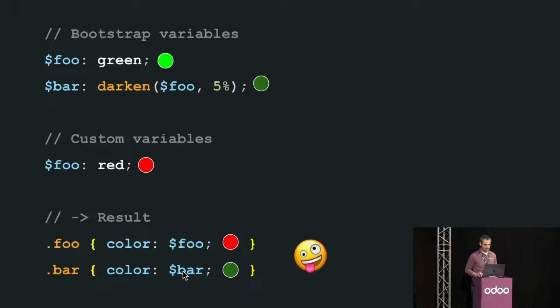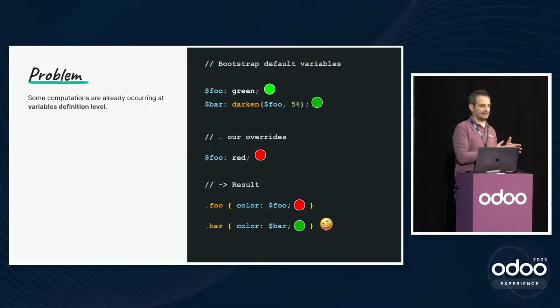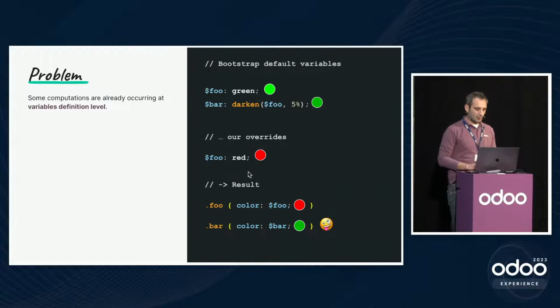Why? The reason is that some computations are already occurring at the variable definition level. So when our override takes action, bar has already been defined. And so this is how it's used in the user interface.